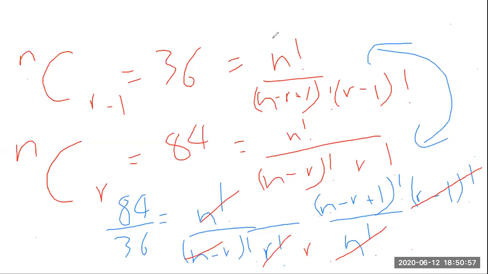So we get n minus r plus 1. Now we can just cross multiply, that is, multiply both sides by 36r to get a linear equation.